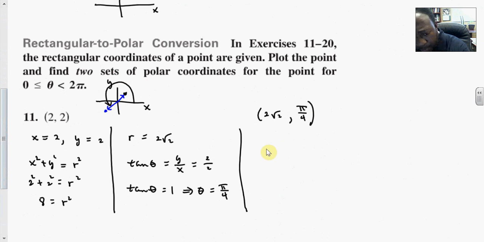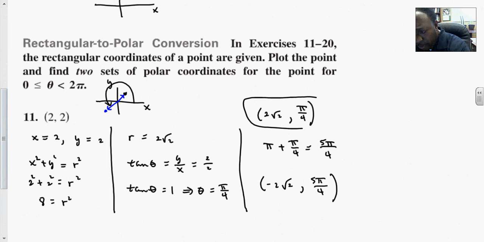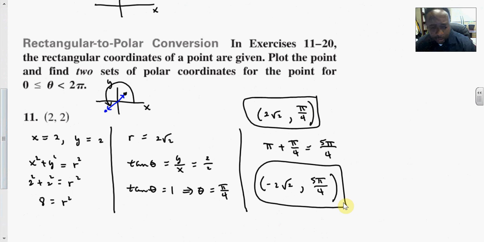So that angle would be pi plus pi over 4, and so we get 5 pi over 4. So the other point would be negative 2 times square root of 2 comma 5 pi over 4. And those are 2 points on the interval from 0 to 2 pi.